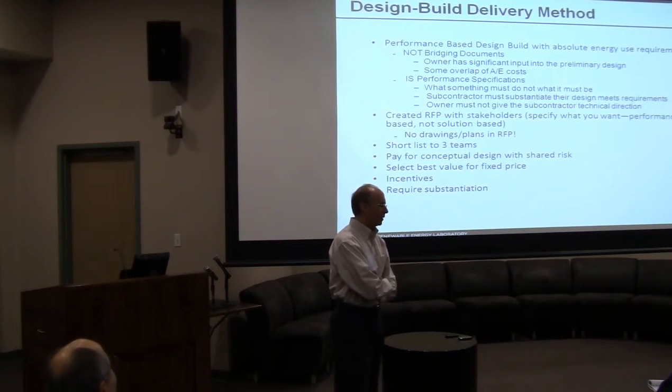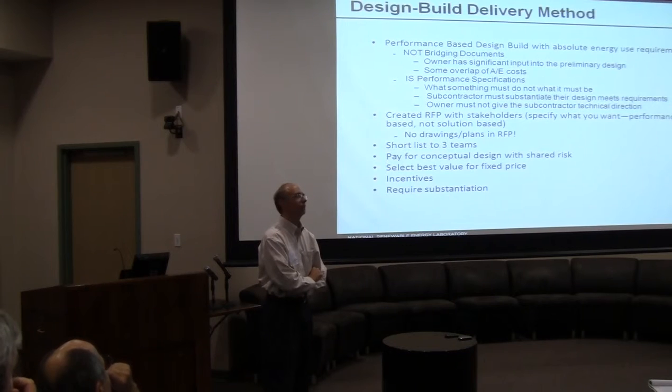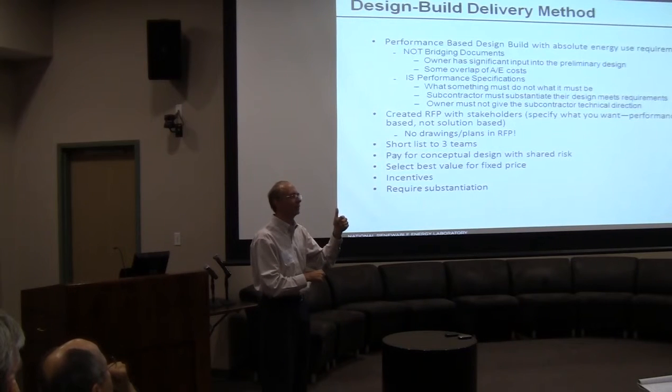So the problem with design-bid-build is that there's a disconnect between the architect engineering team and how they price it. And when you put it back out onto the street, if there's anything that looks at all out of place, the price goes up. Right?